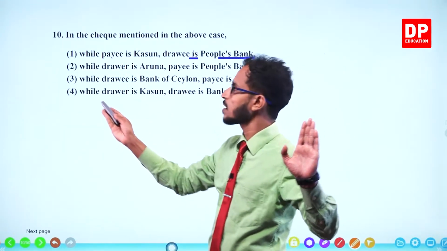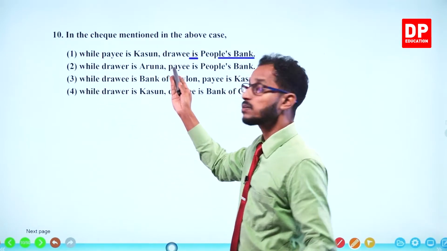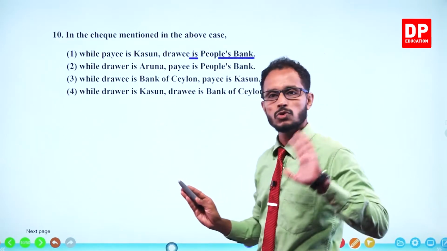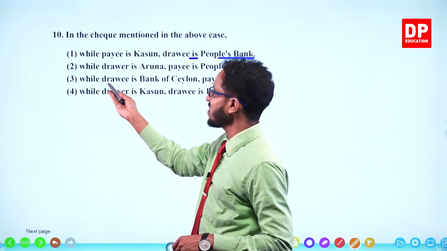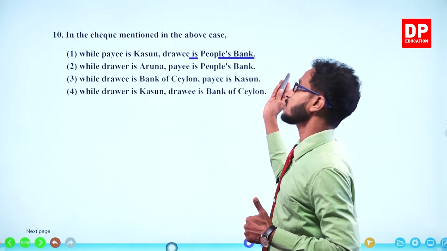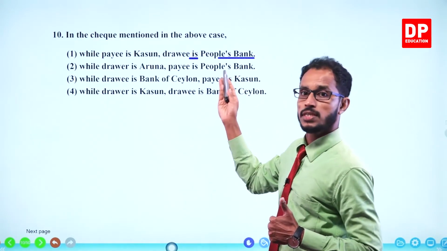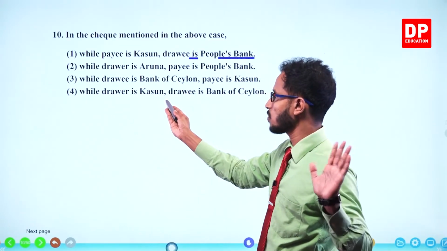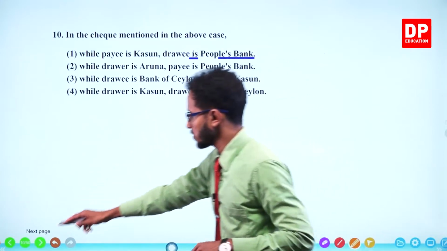No. Drawer is Aruna? Yes. Payee is People's Bank? No. Drawee is Bank of Ceylon? Yes. Payee is Kasun? Yes. Drawer is Kasun? No. Drawer is Aruna.